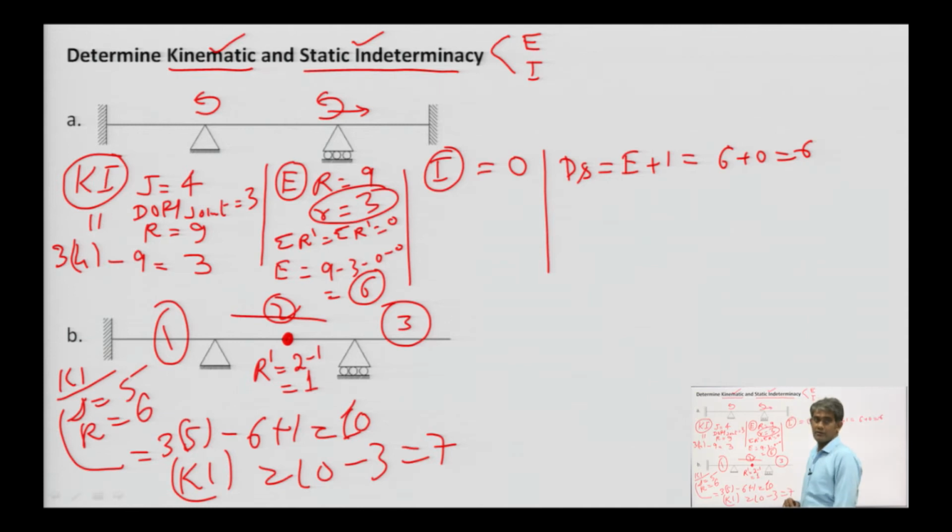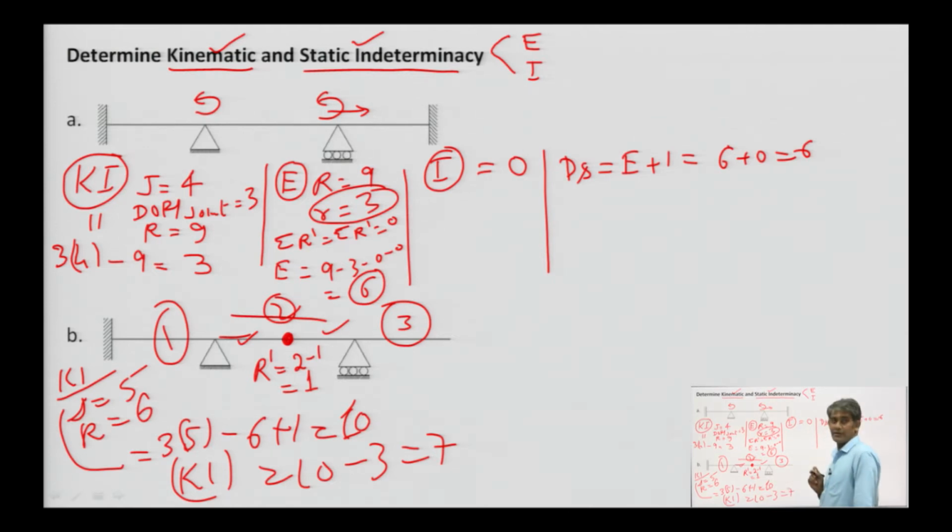Care must be taken while calculating kinematic indeterminacy in case of axial deformation. This one member will be taken as a single member. Otherwise, if you take 4 members, then it will be 10 minus 4, means 6, which will be wrong. And this is the kinematic indeterminacy.